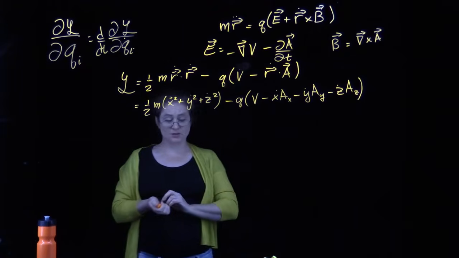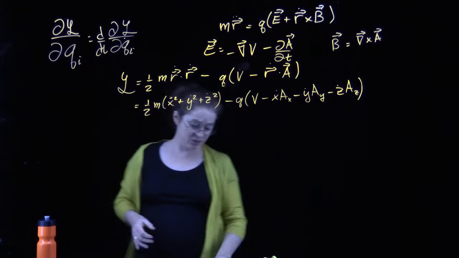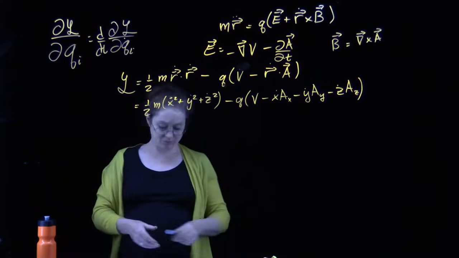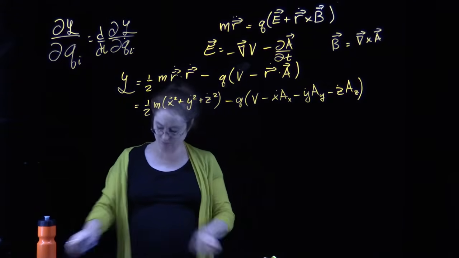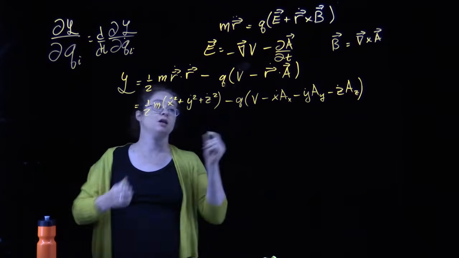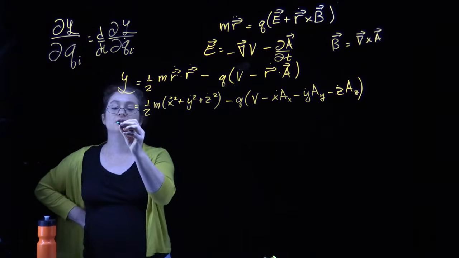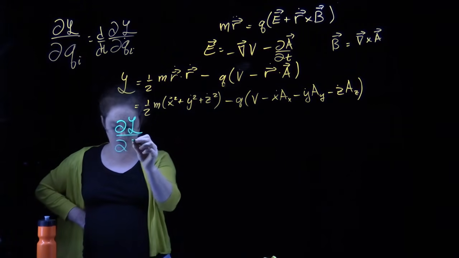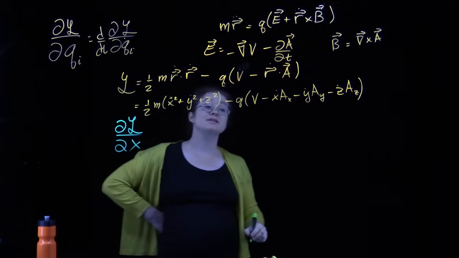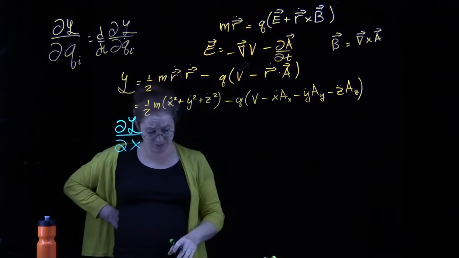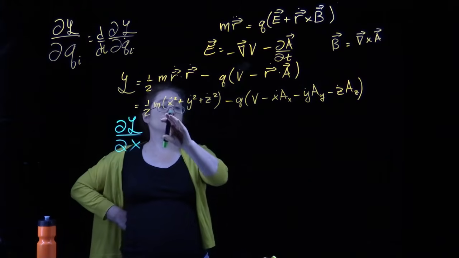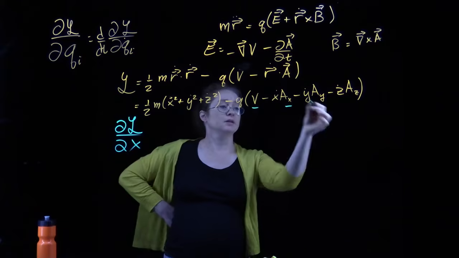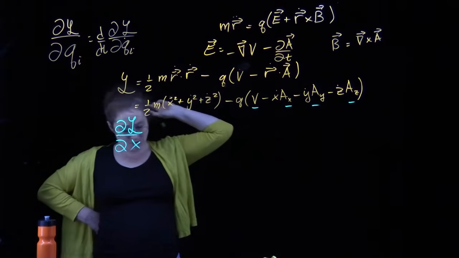Now we're going to take this and try to apply the Euler-Lagrange equations. So I'll change color just to make the board prettier. Partial L, partial x. We're going to focus on the x version. So there's x dependence in principle in these three terms.